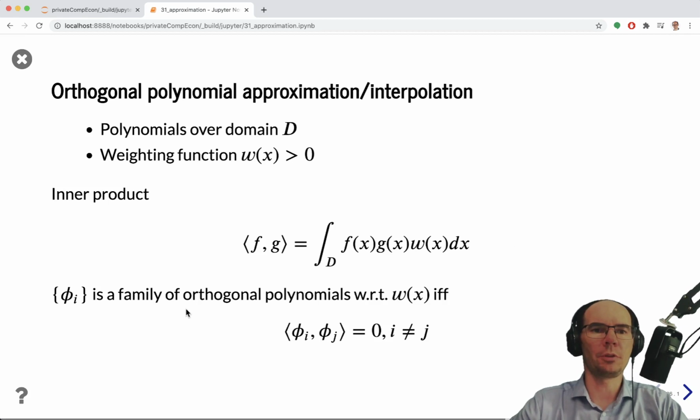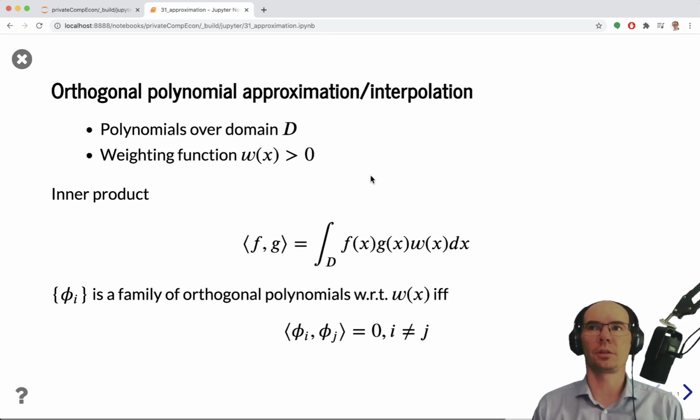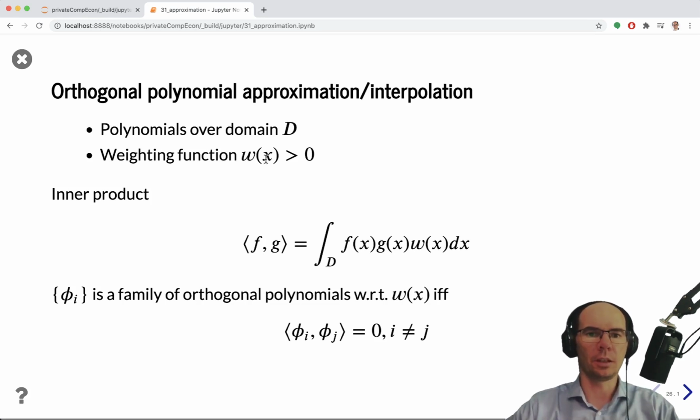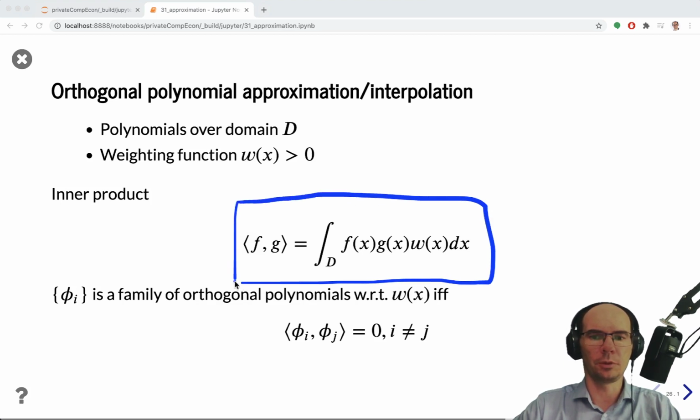So let's first define what orthogonality is in polynomials. Consider polynomials over some domain. This can be thought of as just a closed interval. And we need a weighting function, which is just some function of x defined over the same domain, which is positive. The inner product of two polynomials is going to be defined like this.